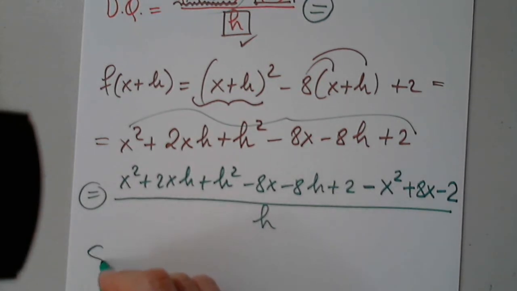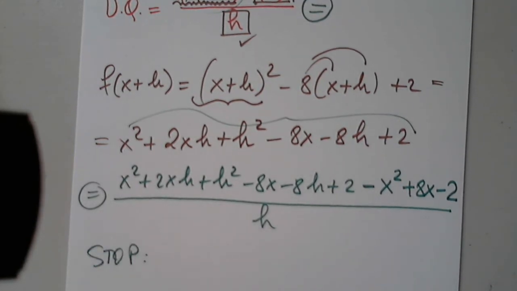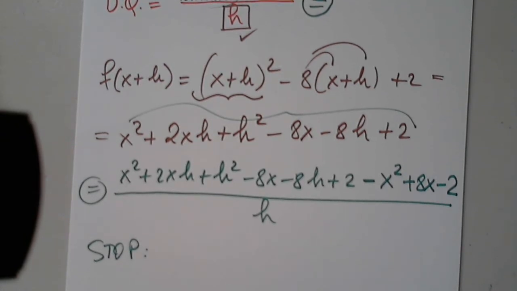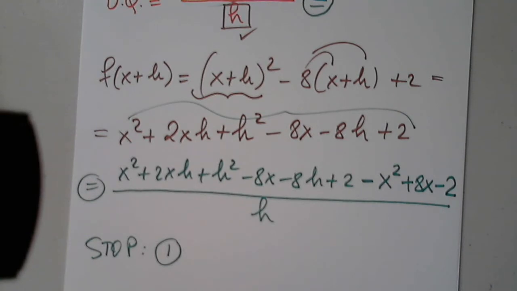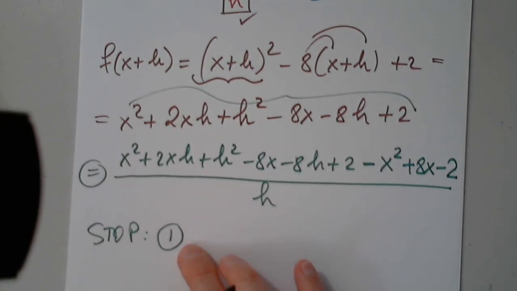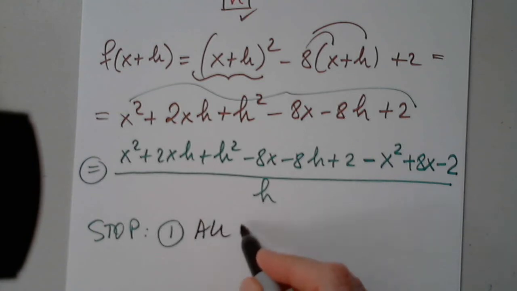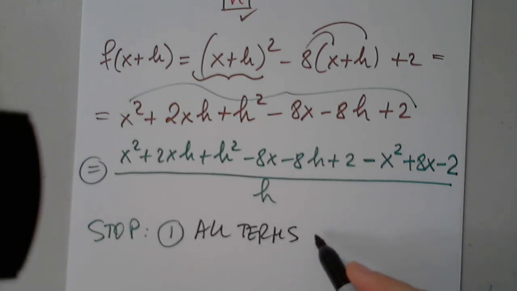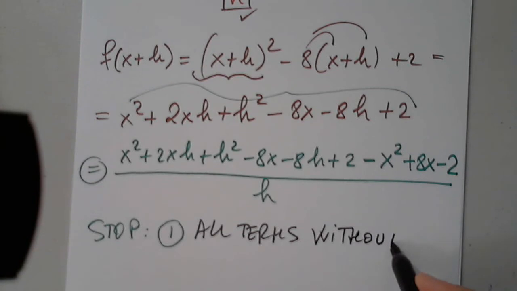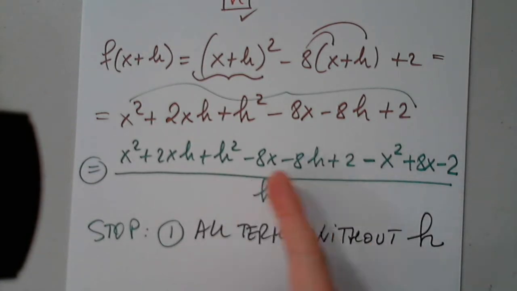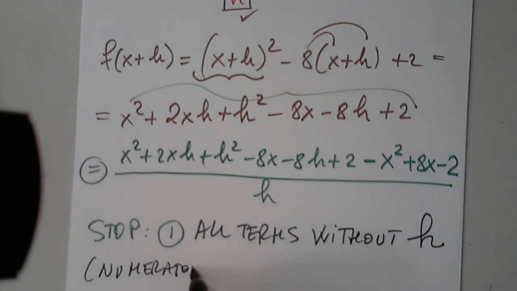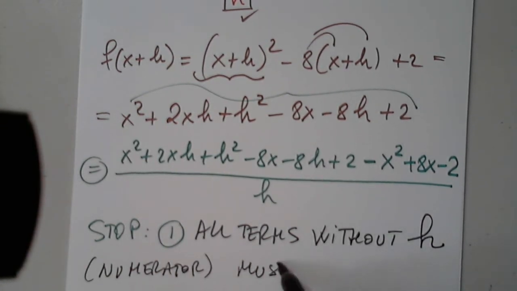At this point, I'm going to say stop, so we can write two notes. Note number 1, every time we calculate the difference quotient, this has to happen first. All terms without h in the numerator must cancel.